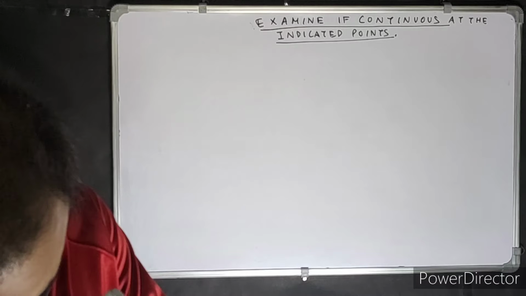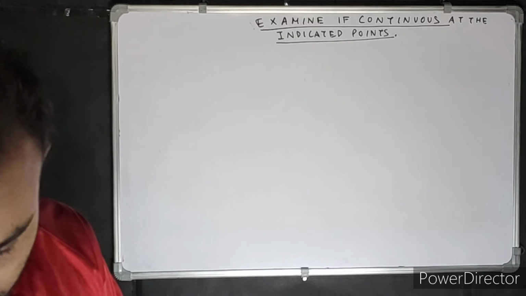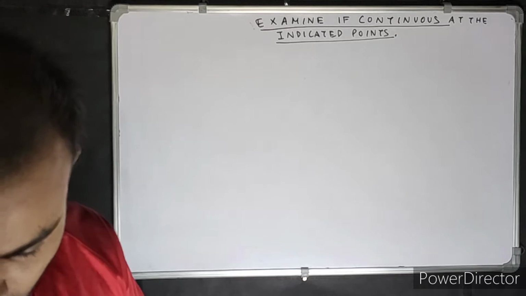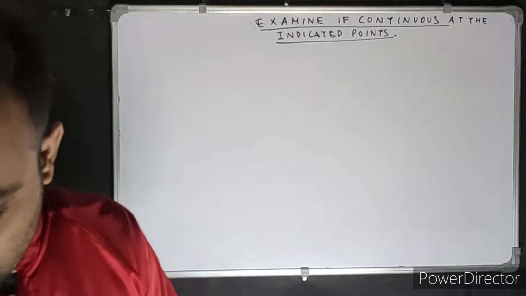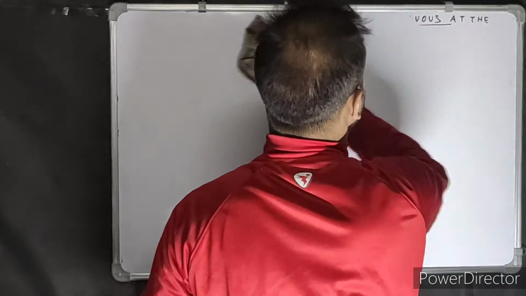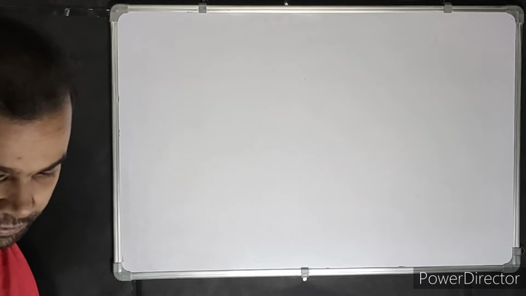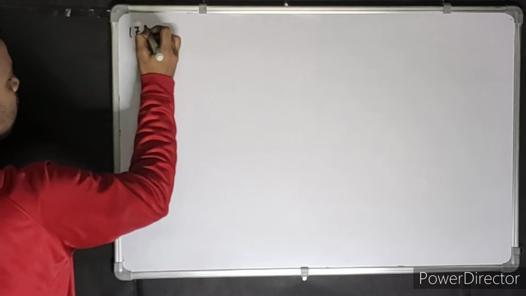Question number 17 says, is the function f defined this continuous at x equal to 0? What about its continuity at 1 and 2? Okay, let's write the question because otherwise you will not understand. It says that there is a function that is given.